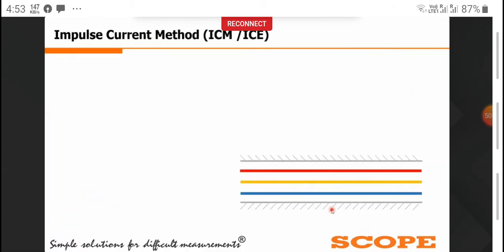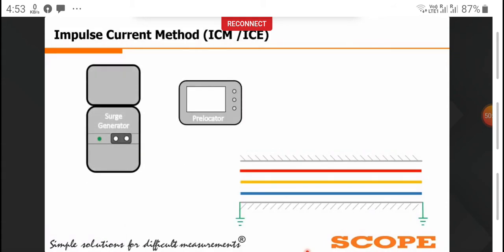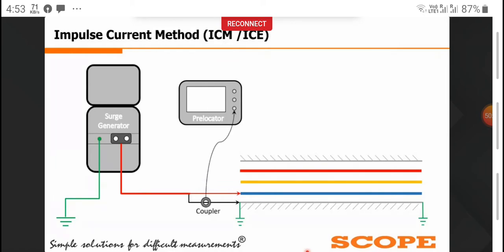In the impulse current method, we do not require any special filter like the secondary impulse filter. In this method, we require only a surge generator and a prelocator. Using the surge generator, we connect to the faulty core and sheath and inject a high voltage pulse into the cable.